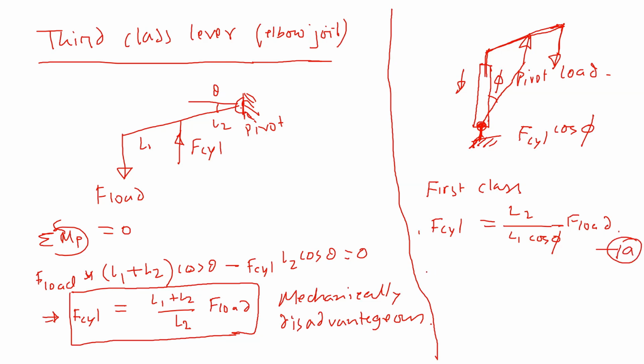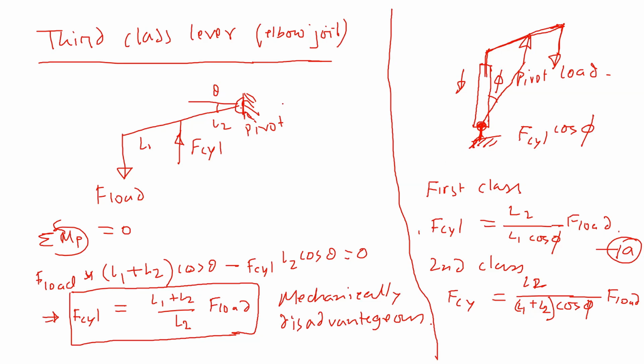The equation for the second class lever becomes F cylinder is equal to L2 by (L1 plus L2) only, and now because it's acting at an angle, cosine phi, and then the F load. Now be careful not to confuse the lever angle theta with phi.